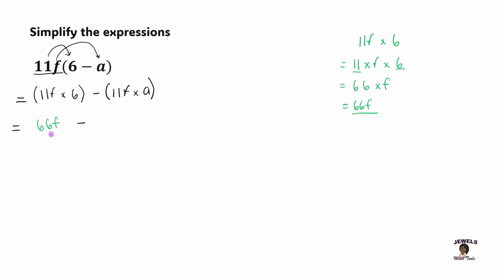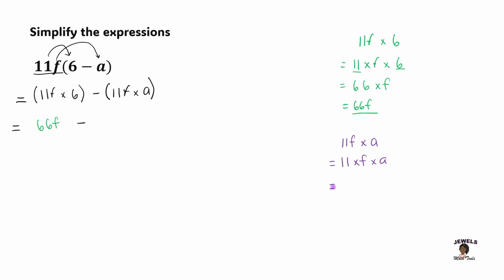And we're going to begin simplifying our second bracket. So we have our 11f being multiplied to our a. And that means that our 11f means that 11 is being multiplied to f, which is being multiplied to a.